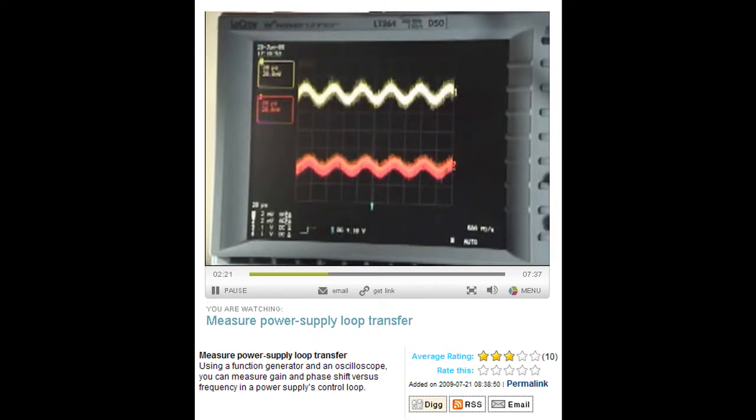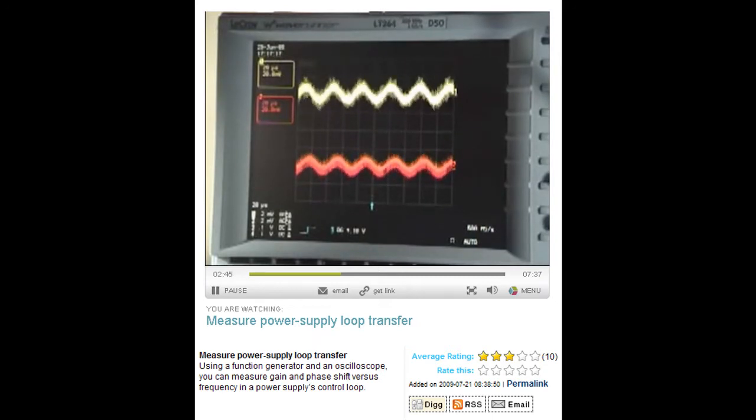And now, in order to draw a Bode plot, we can measure at different frequencies and just see how the gain changes and how much phase shift we have, because that's what a Bode plot shows. It shows the gain a signal sees when going through the loop, and the phase shift.